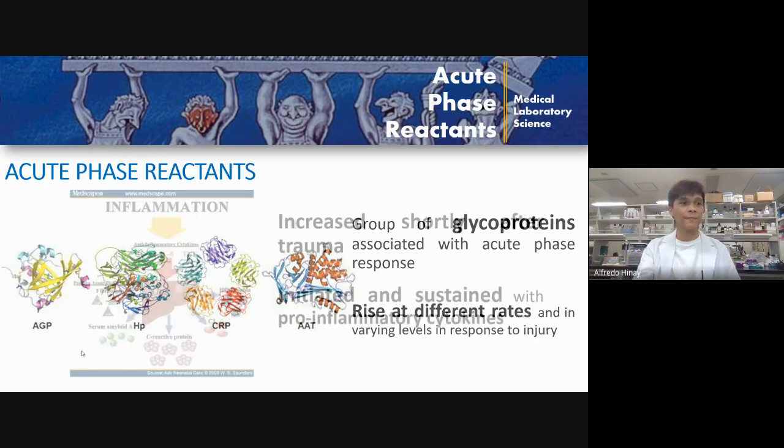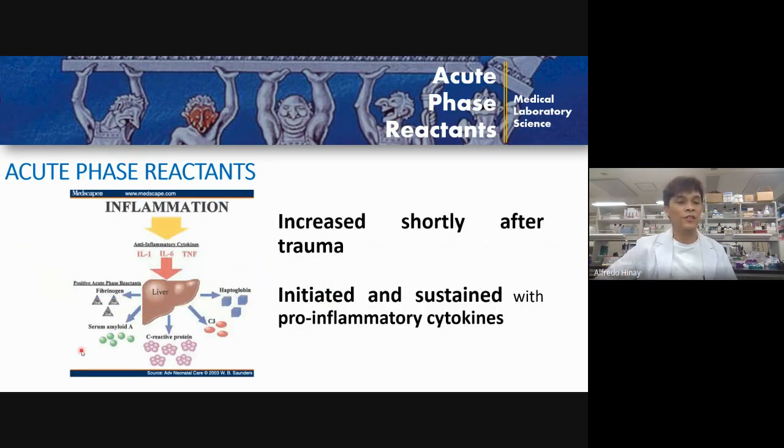So here, as we discussed earlier with inflammation, they will release interleukin-1, interleukin-6, and TNF, tumor necrosis factor. And then it will go to what organ, class? Correct, you have your liver.